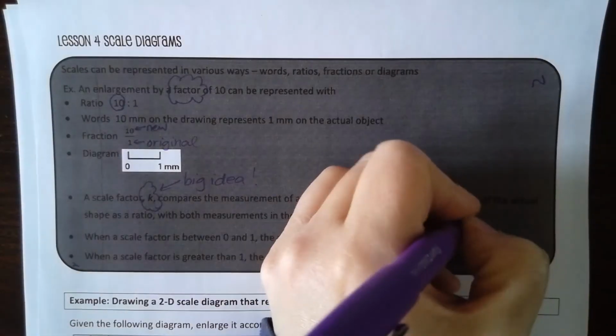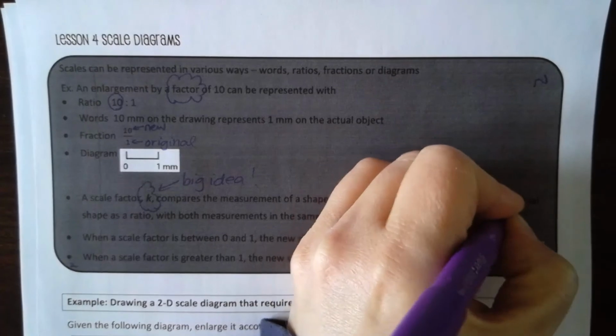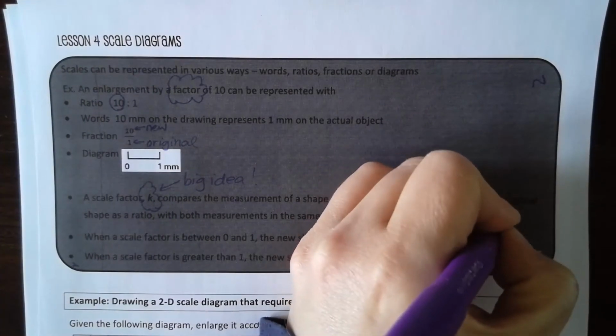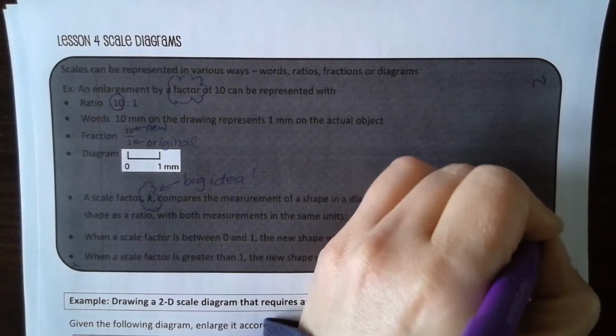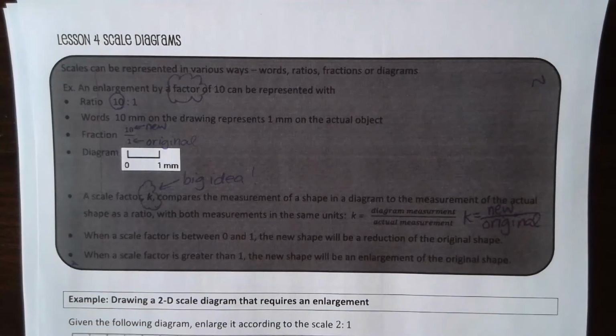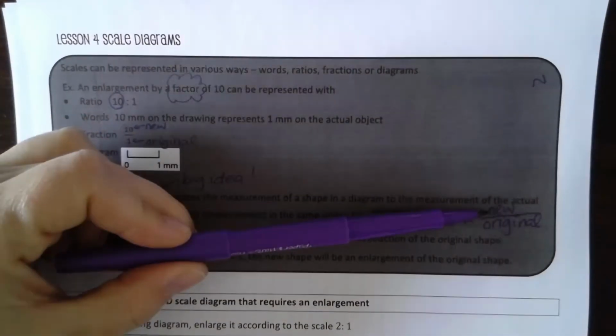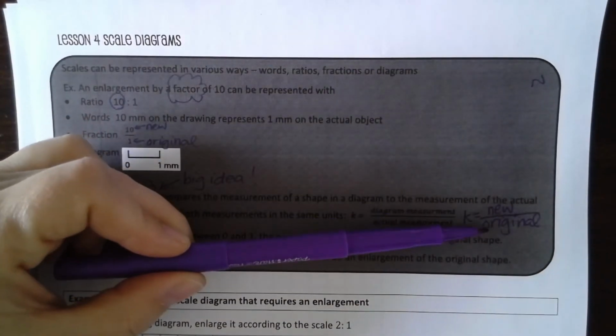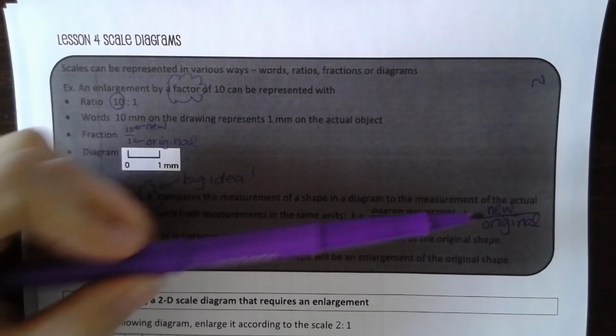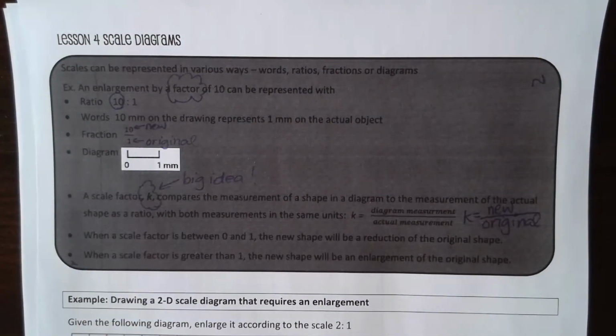So I always think of K as being new over original. It's the ratio of the new thing over the original thing. So it could be the length of a dimension with an enlargement over the original. So I like new over original better, and that's what I'm going to use as we work through these problems.